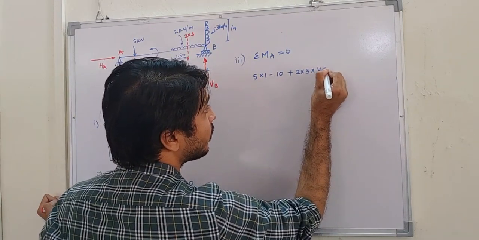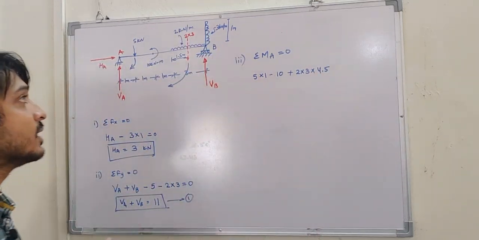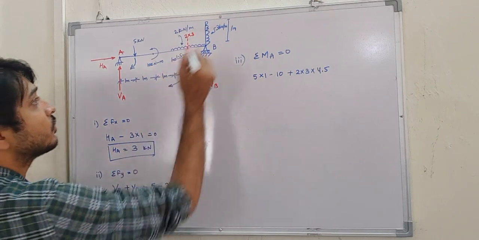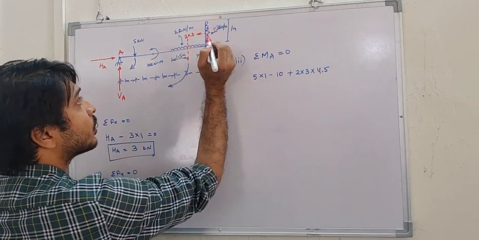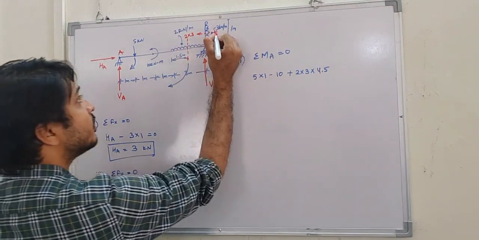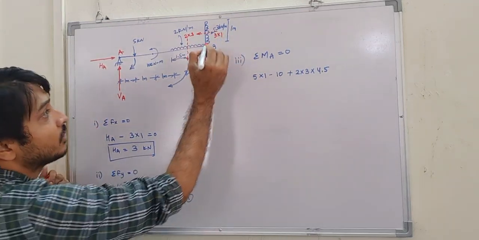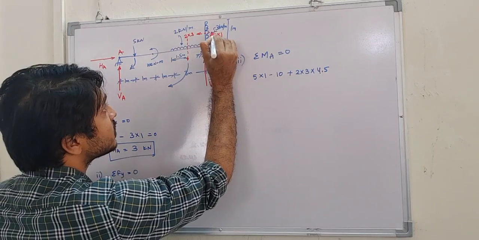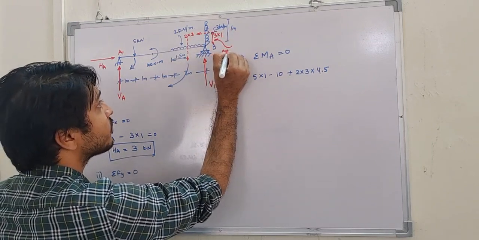That is 4.5. And here we have to consider this horizontal force also. If I convert this uniformly distributed load into a point load, its intensity will be 3 into 1. But what is the height here? Half of this, that is 0.5 meter.